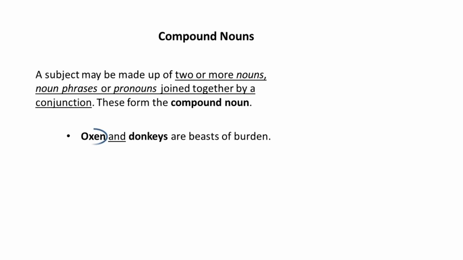In this sentence, oxen is a noun, donkeys is also a noun, and they are joined by the conjunction and. And thus, both these nouns together have become a compound noun, and this compound noun, that is oxen and donkeys, functions as the subject of this sentence.